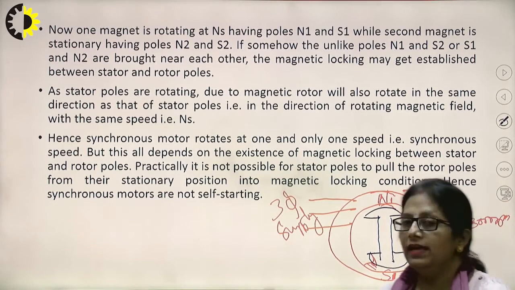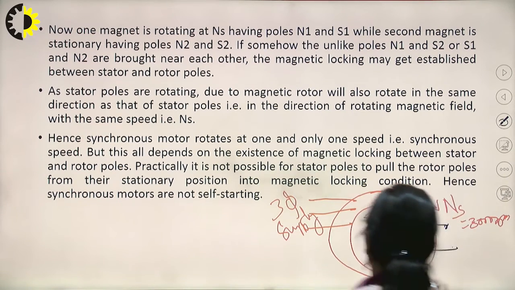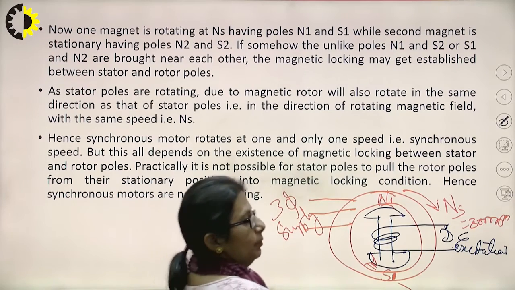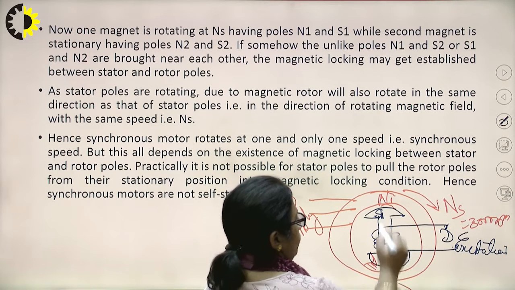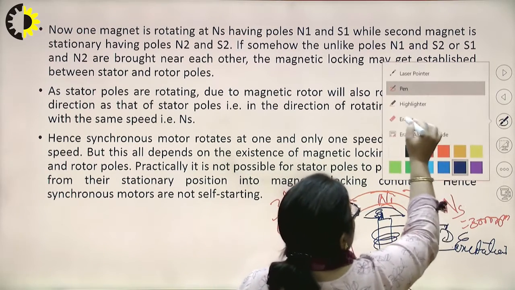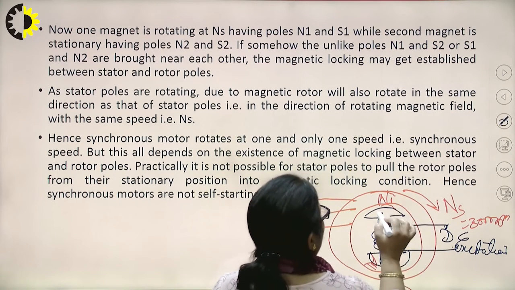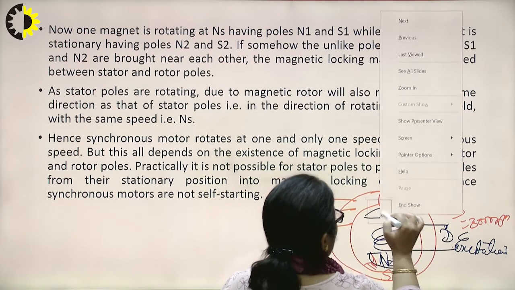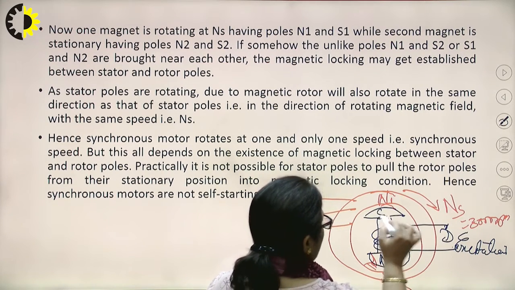When you give the DC excitation, once again poles would be formed. Supposedly the poles formed are south over here and north over here: S2 and N2.